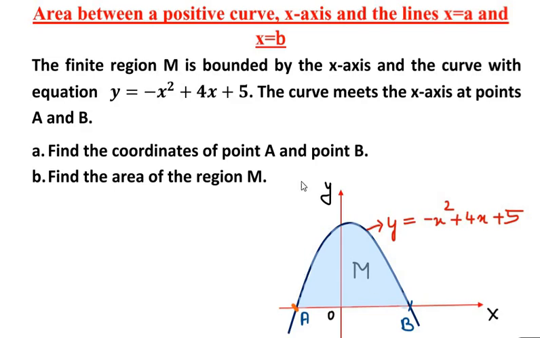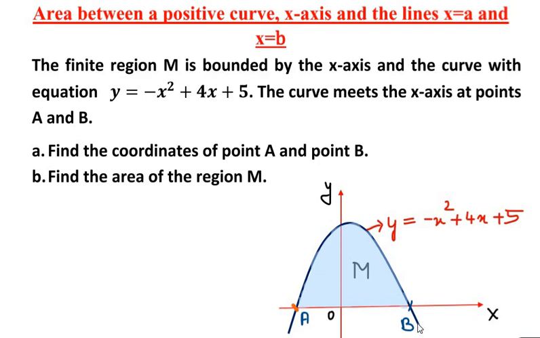In this video we are going to learn integration of areas between a positive curve, the x-axis, and the lines x equal to a and x equal to b. As you can see here, I have drawn a diagram. Here the curve which is above the x-axis is called a positive curve.